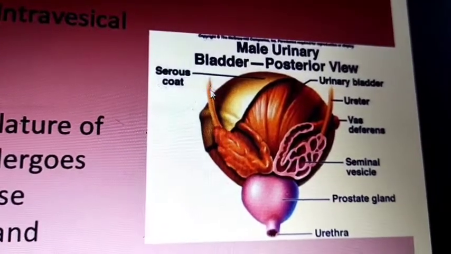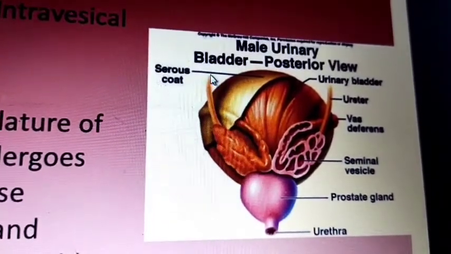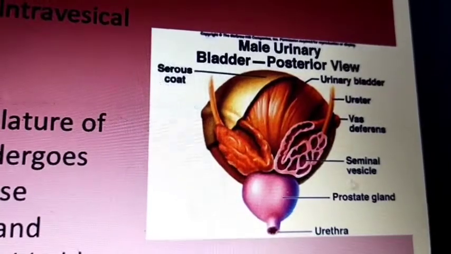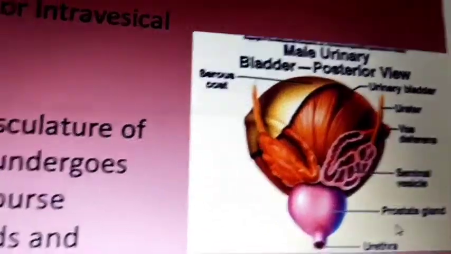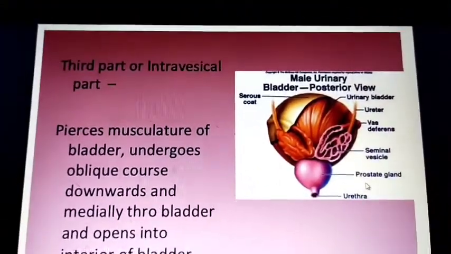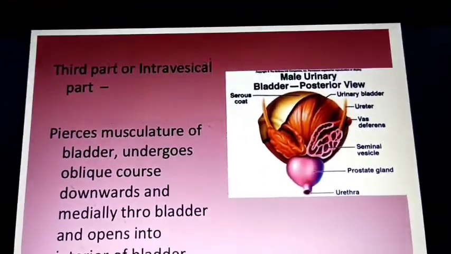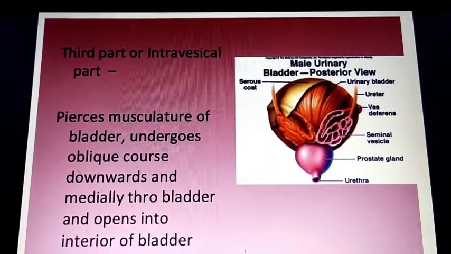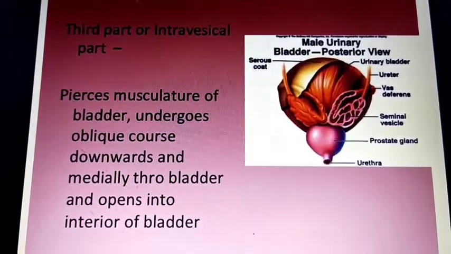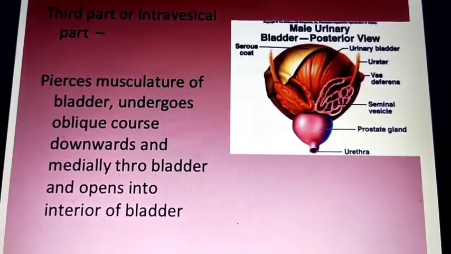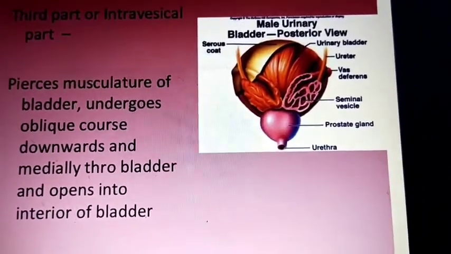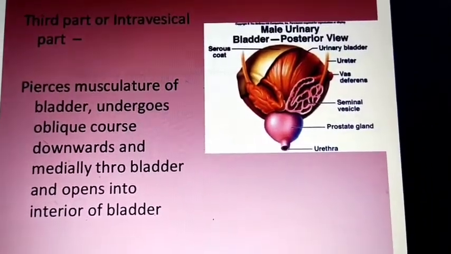It pierces the musculature of the bladder, runs obliquely, courses downwards and medially through the bladder wall, and opens into the interior of the bladder at the base of the trigone.